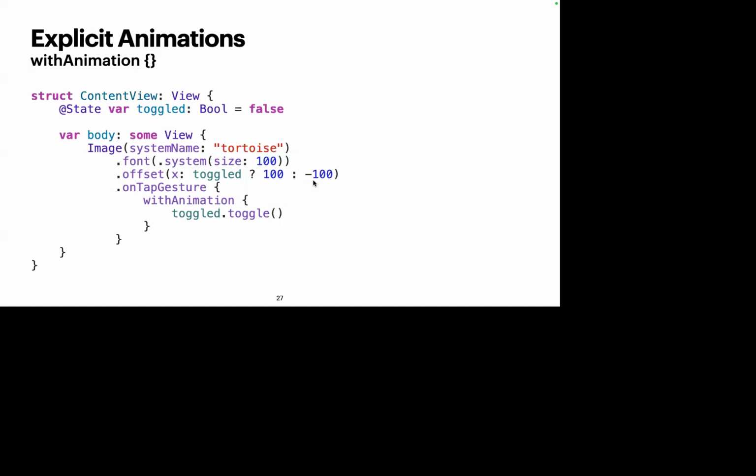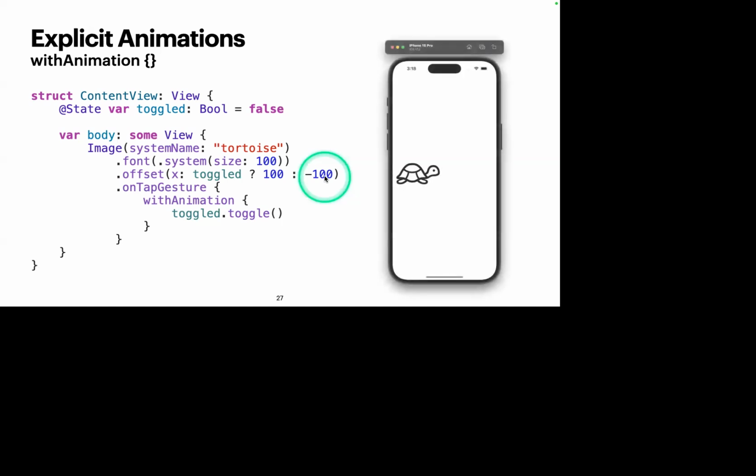If it is not true, then we want to offset it back. So when it's true, we want to move to the right by 100 points. If it's false, we want to move back to where we are. That's why we have a negative 100 right here. And so this is what it looks like.